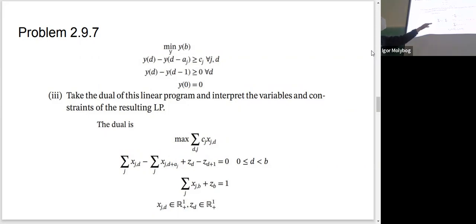basically obtained by proceeding the way I have shown you before for taking the duals of linear programming problems. We can write down the dual as follows, where our constraints are x, jd, and zd.